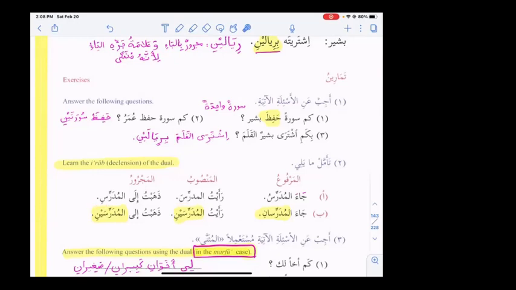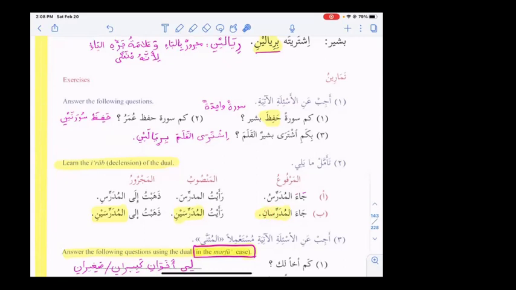Now comes the dual. Ja'a mudarrisani. Two teachers came. So this is mudarrisani, dual. The sign of the dual is ani. Is it marfu? We want to know because it is the fa'il. Yes, it is marfu bil alif.